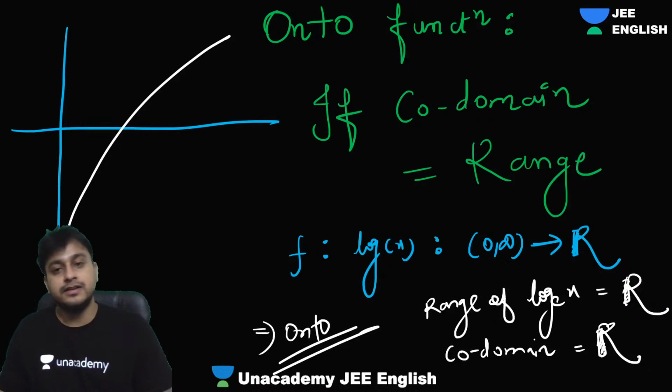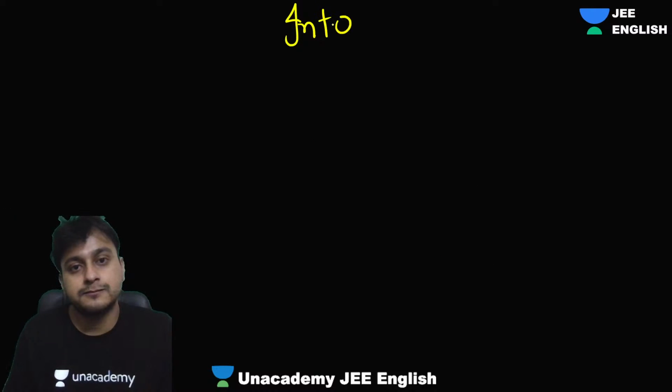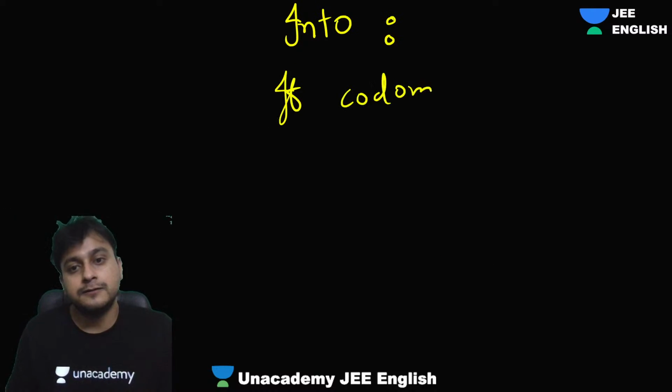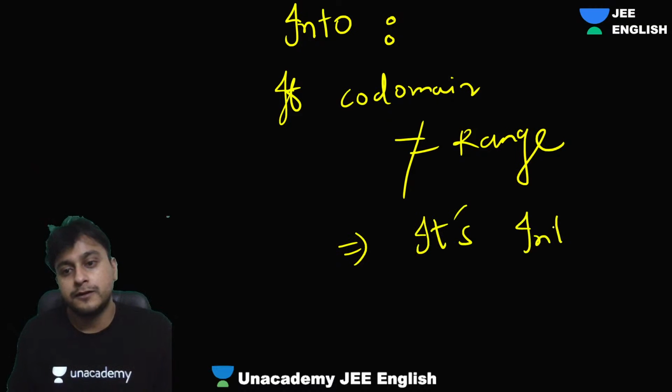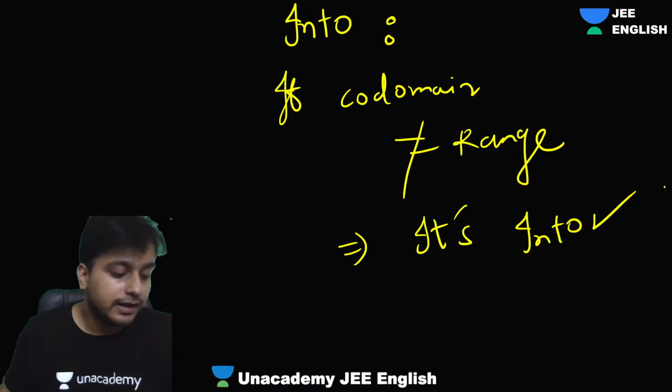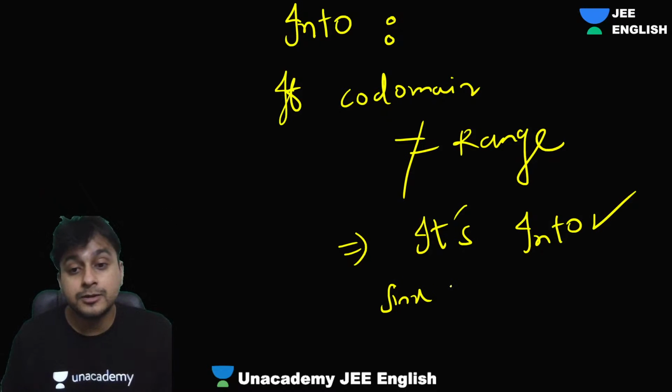Okay, guys. Now what is an into function? Into function: if codomain is not equal to range, we'll say it is into. Like sin x from R to R, all real numbers to all real numbers.